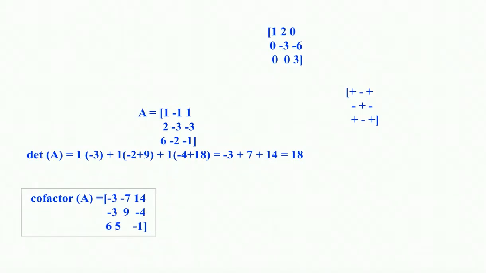Wait a minute. 5. That is 5 only, right? Minus 3, minus 2, 5 only. Okay, that's good. Fair enough.